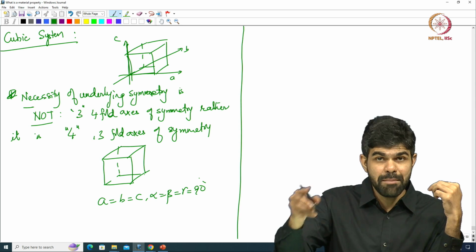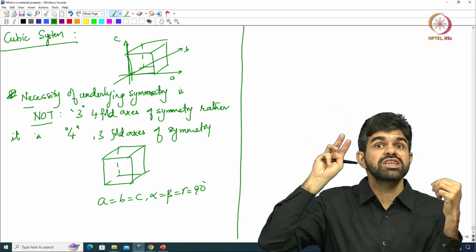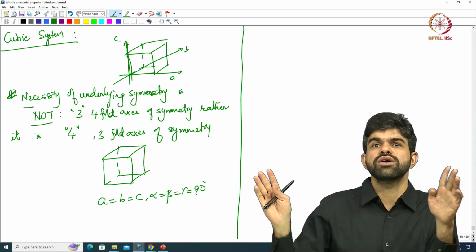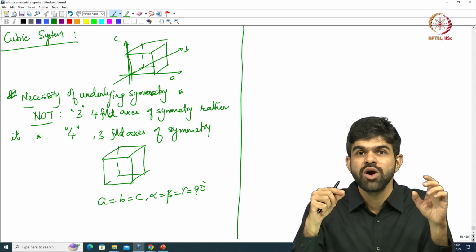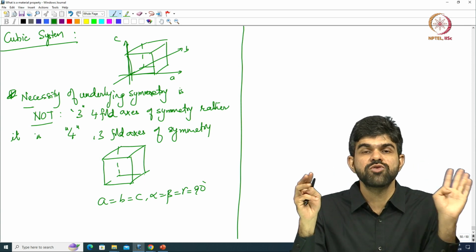Now, this will come from having 4 threefold axes of symmetry. You do not need fourfold axes of symmetry at all to have a unit cell which is a cube. All you need is 4 threefold axes of symmetry.